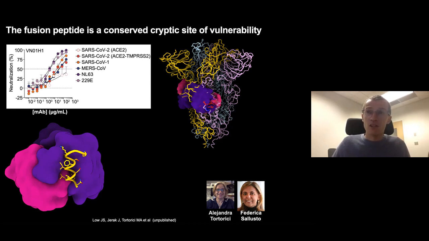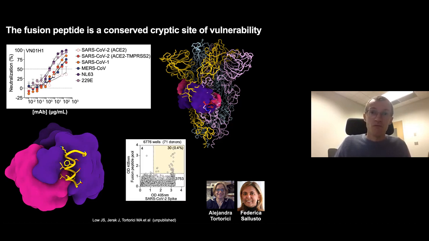And that's actually a mystery, how these antibodies are elicited. Is it due to transient exposure of that site at one point during the viral entry cycle? That's most likely, but we are working on that to try to figure it out. Just wanted to share with you these latest results, and just to emphasize that these antibodies have a potency that is similar to stem helix antibodies and a frequency that is as low, if not lower.